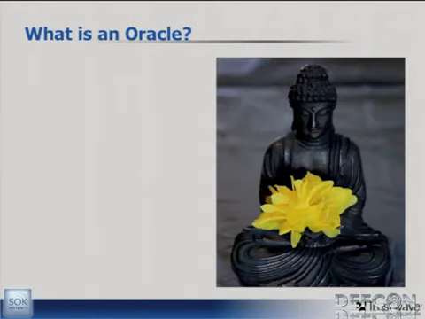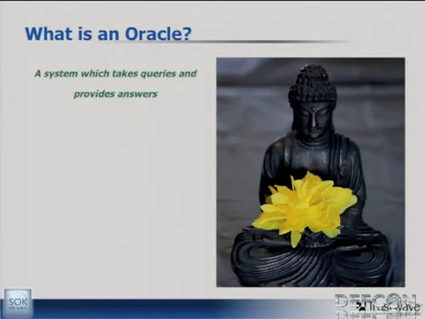So I said the word Oracle several times, and now I'm going to give you a vague and generalized definition and then clarify a little bit. An Oracle is any system that takes in user input, processes it, and gives the output.